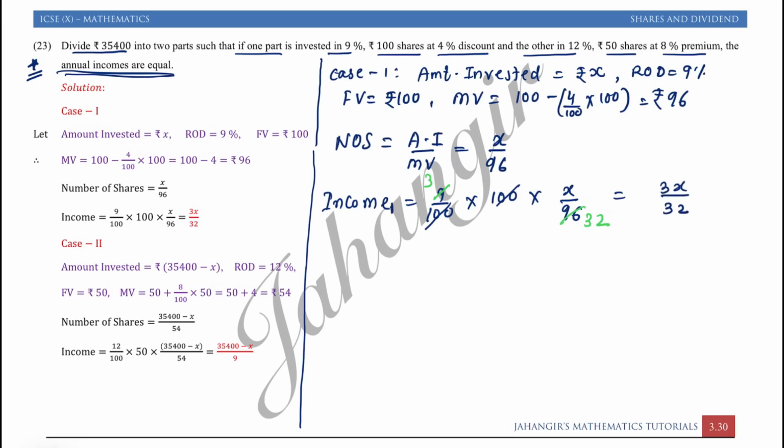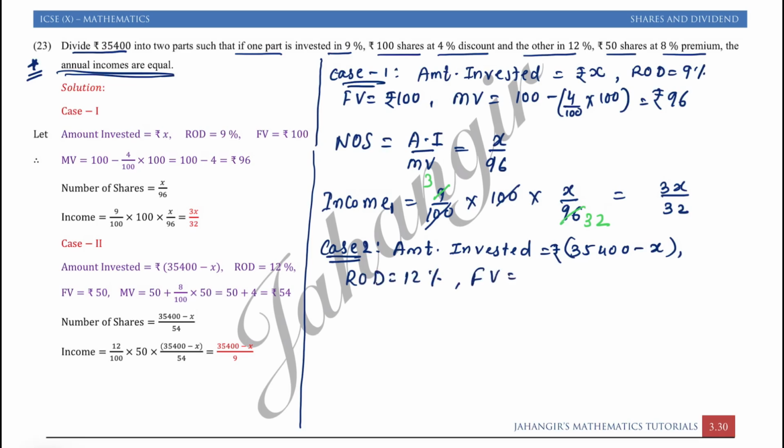Income in the first case. Now case 2. In case 2 what we will do, we will keep the amount invested as 35,400 minus X, because whatever amount is left from 35,400 will be invested in the second case, whose rate of dividend is 12%, whose face value is rupees 50 and it is available at 8% premium.